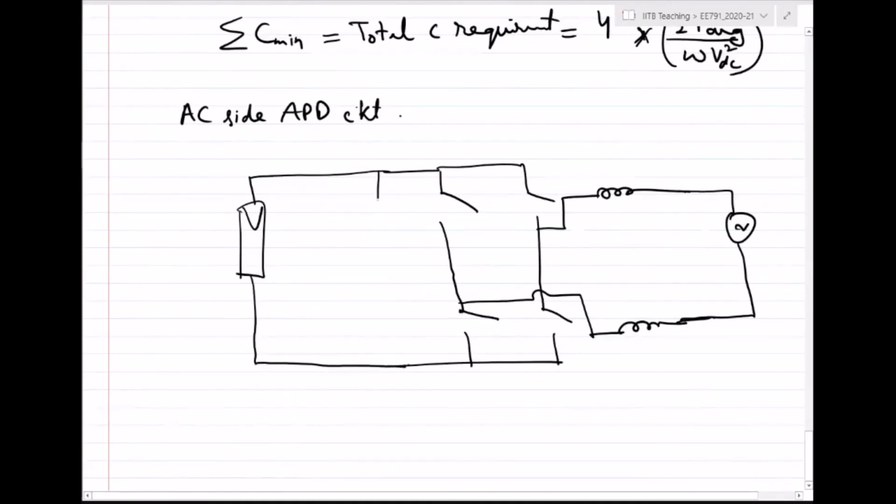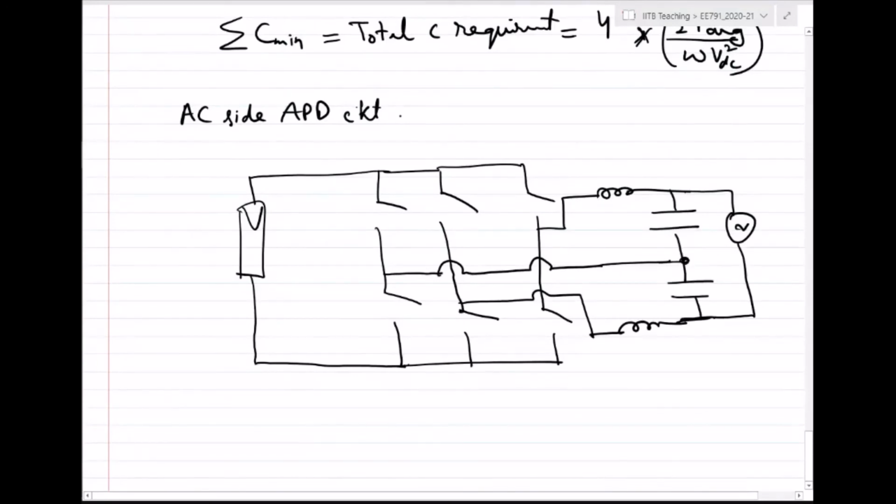Now let's say we add another leg here and connect this leg to the midpoint of a capacitor which is connected on the AC side. So let's say this is now VC1, VC2. Again, for simplicity, we can assume that both capacitance C values are the same.